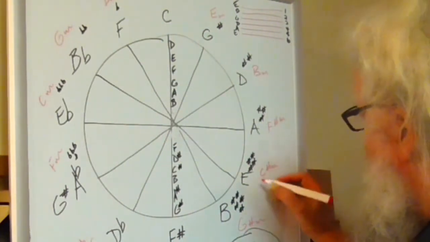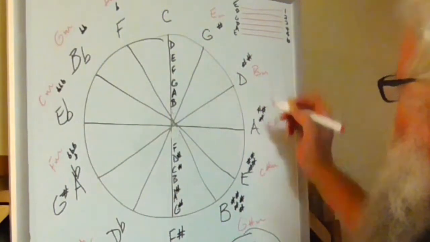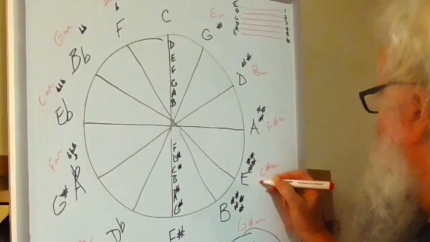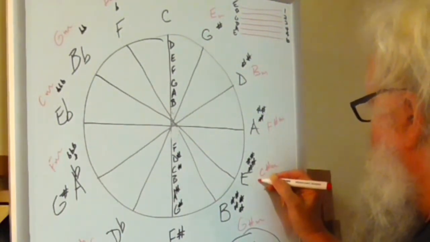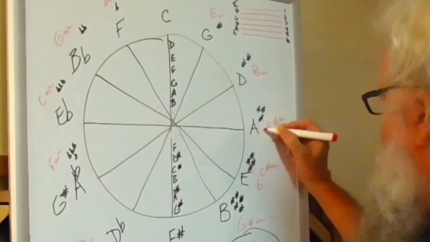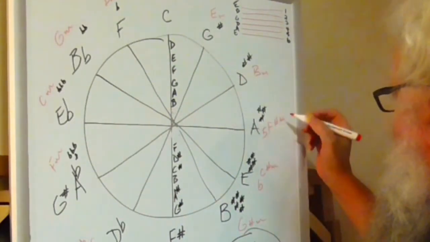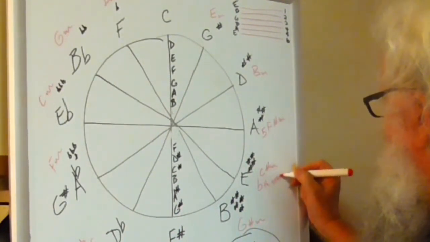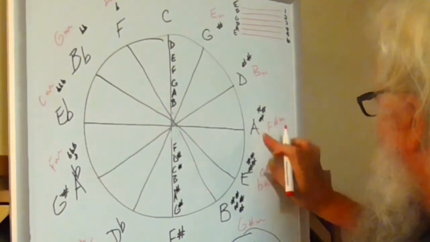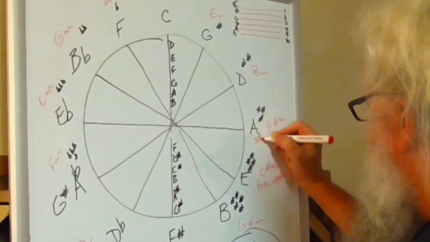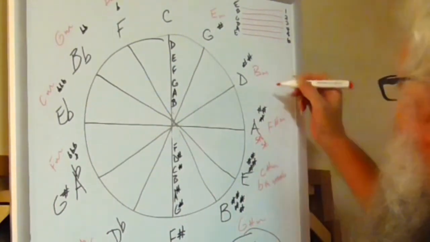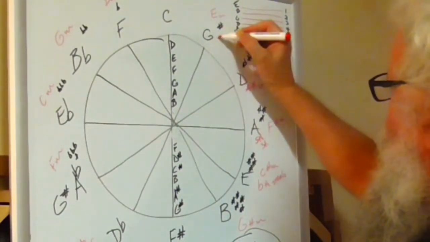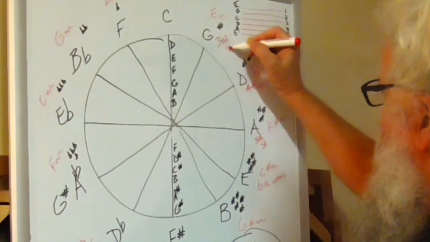This is the E string. That's the 6th. Let's call that the 6th string. The 5th string, fourth string, third string.